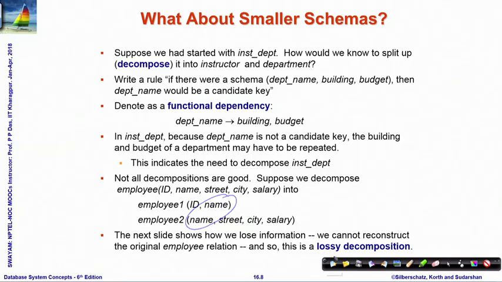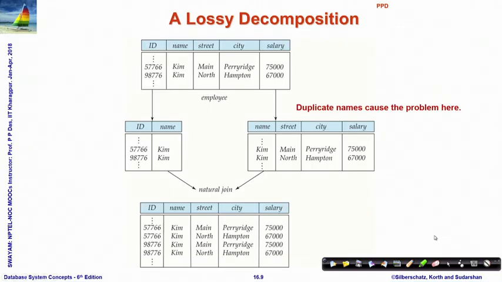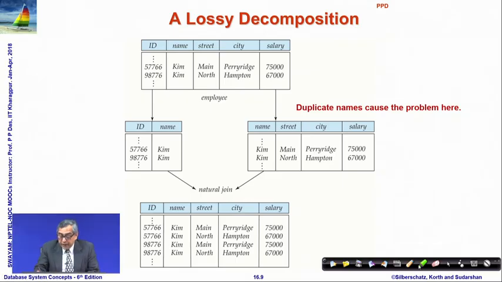We have seen that in the query. Now, the question is, when I do this join, do I get back the original information or do I lose some information? Look at an example. Here is an example of the combined instance, and I have two different IDs, but incidentally the names of these two distinct employees are the same.